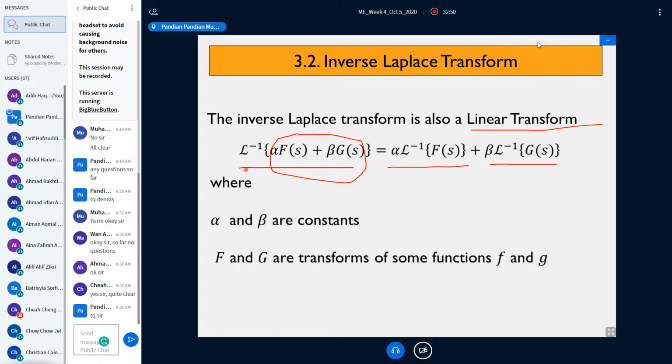The inverse Laplace of alpha F(s) plus beta G(s): you take alpha and beta outside, alpha times inverse Laplace of F(s) plus beta times inverse Laplace of G(s). Alpha and beta are constants, and F and G are transforms of the functions small f and small g.